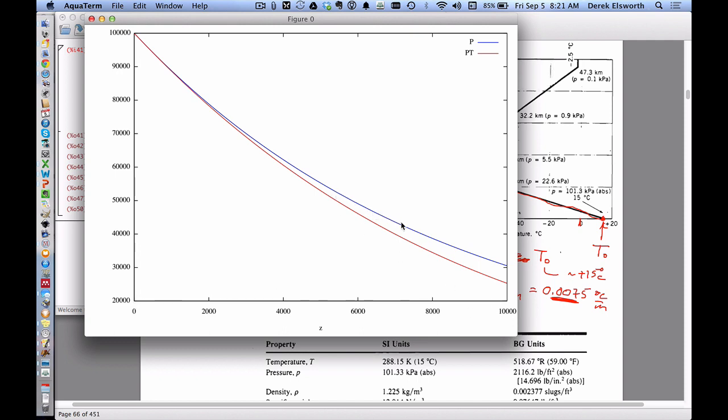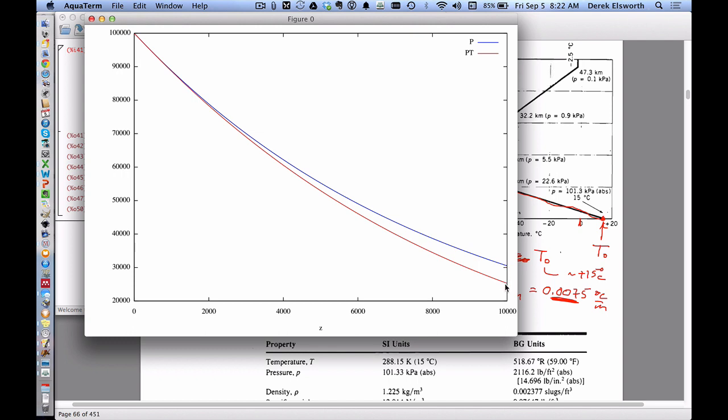I think the top line is where we assume that the temperature remains constant. The bottom line is where the temperature is changing with elevation according to what's behind. And it goes from 100,000 pascals, 100 kPa at ground surface, to, if you're on the top of Everest, something like 40% of that.